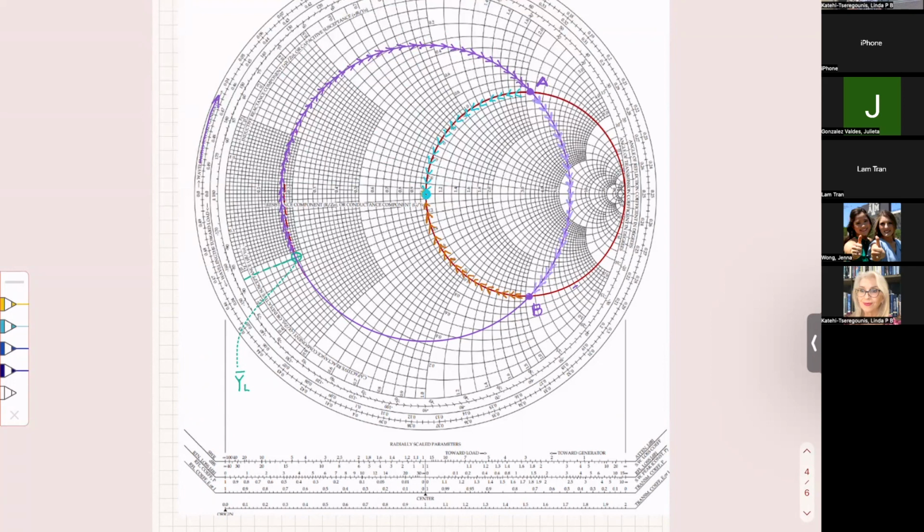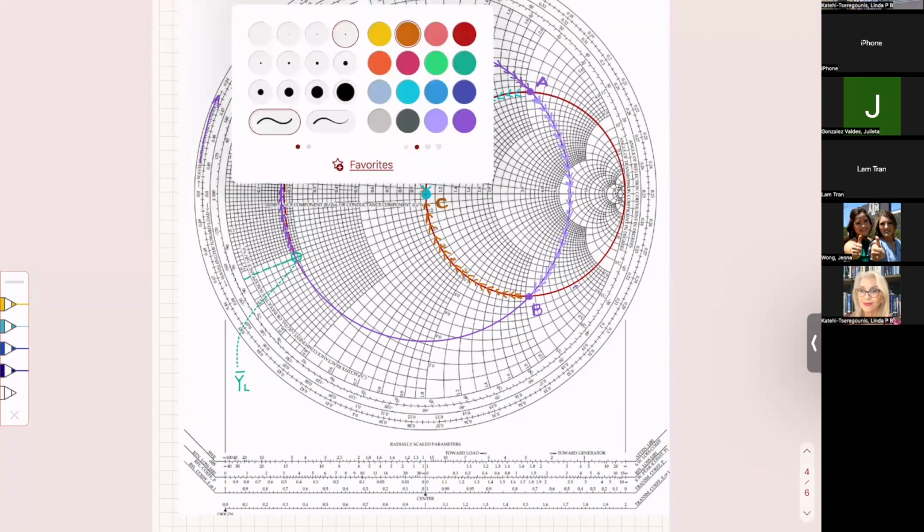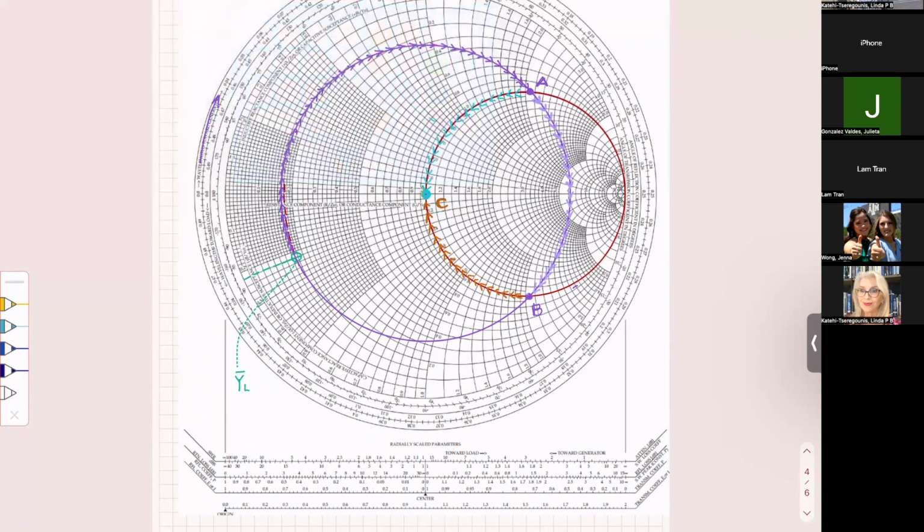So, and this is the center of the Smith chart. Let's call that point C. So from A to C, that one gives us one solution for the problem.